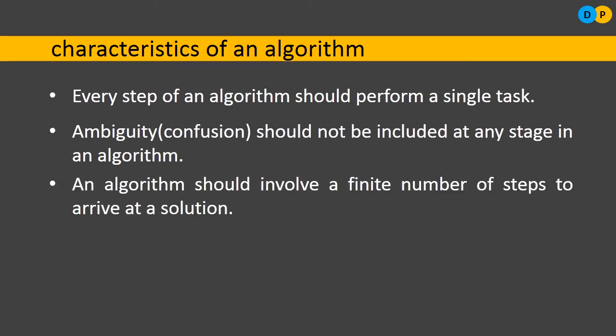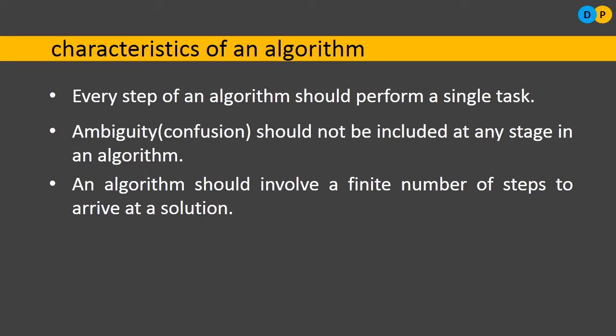And the third characteristic is that an algorithm should involve a finite number of steps to arrive at a solution. If there is a given complex problem, yes, we can find the solution. The solution may be arrived at in different numbers of steps. For example, to find the factorial of a given number, the algorithm can be written in just 4 steps, or it may take 10 steps.